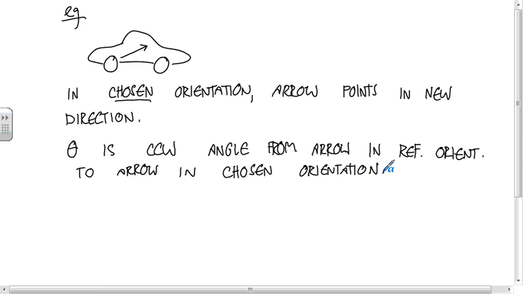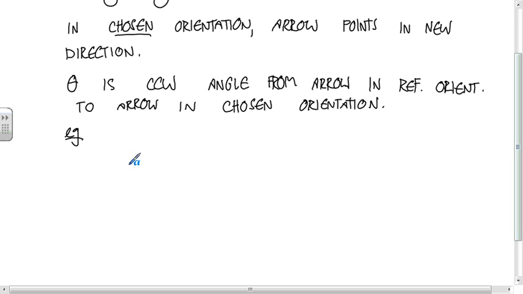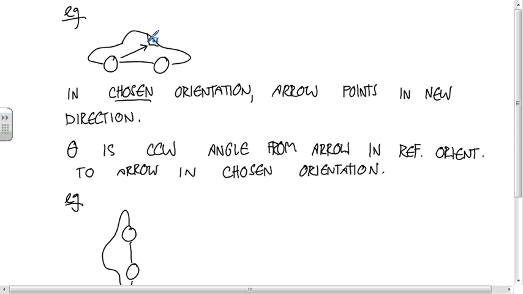Okay, so to use that same example, now say the chosen orientation is this. What direction would that arrow be pointed now? It's spray painted on there, so it moves when the car moves. So it's still going in this direction, right? What does it say theta is? Counterclockwise.